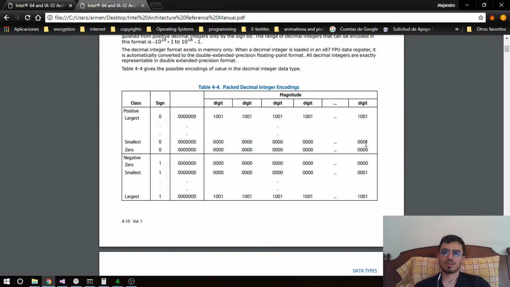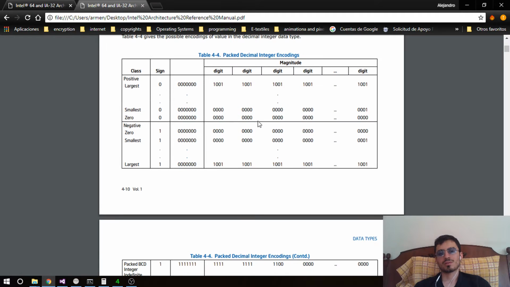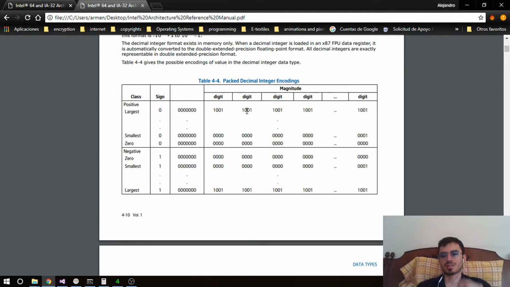So why? They are 4 bits, but why does the largest number have all ones? That sets you up with 2 to the 3 combinations. 2 to the 3 is 8, so you have 16, so you have 8 possible values, well 7 because you used 1 that you're not using.